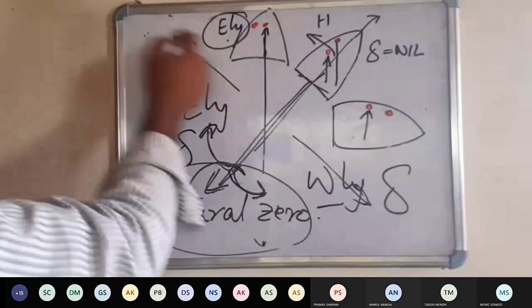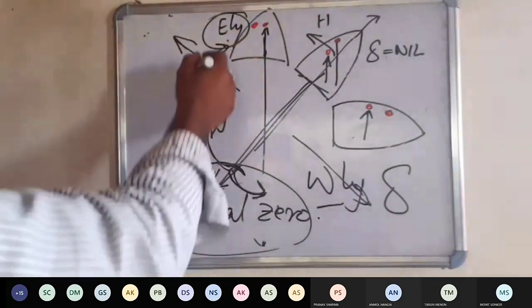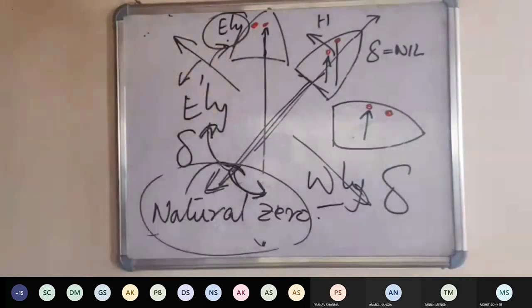When the natural zero was here, we saw easterly there and westerly on the other side for 180 degrees.